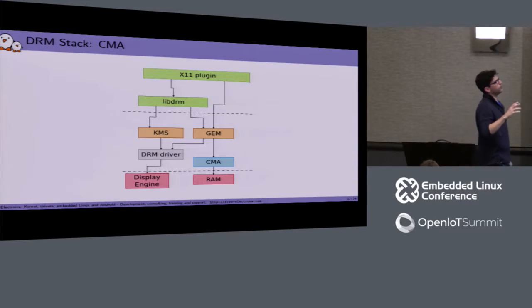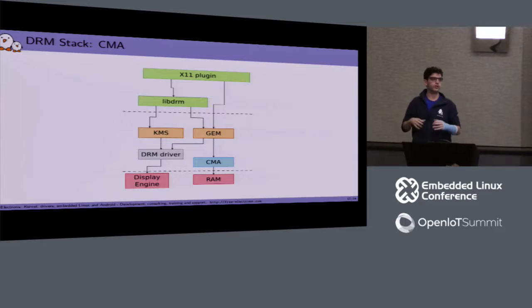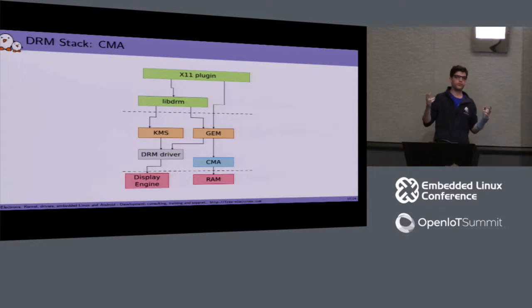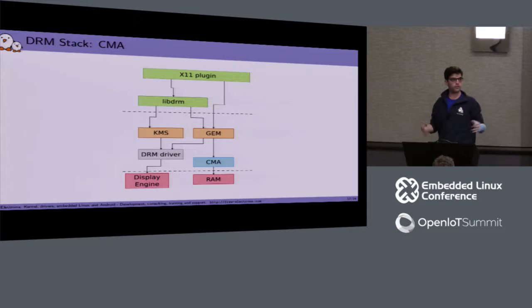So we have, in KMS at least, an interface that is able to allocate what they call dumb buffers, which is usually the default buffer that you will use. That's using GEM and CMA, at least in most ARM SoCs and drivers.